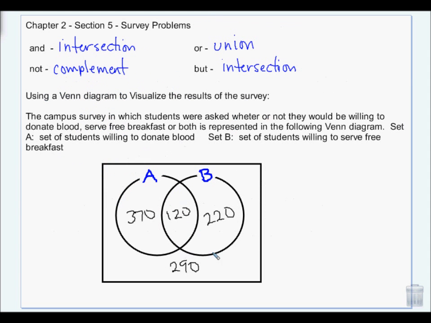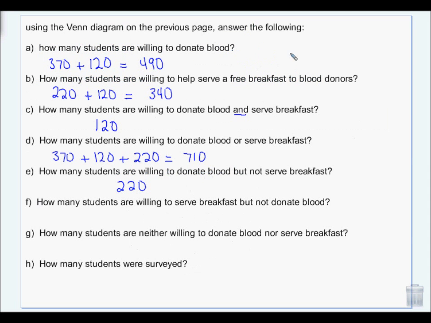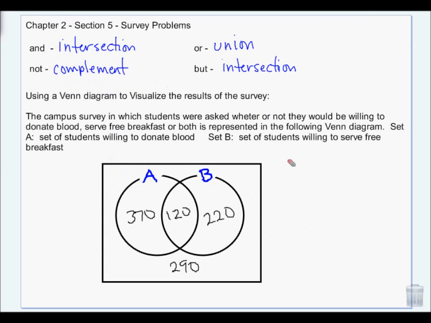This is all of the people willing to serve or donate. Donate blood but not serve breakfast. That's A. So here's the people willing to donate blood but not serve breakfast. These 120 are willing to do both, so it's only these 370 over here.